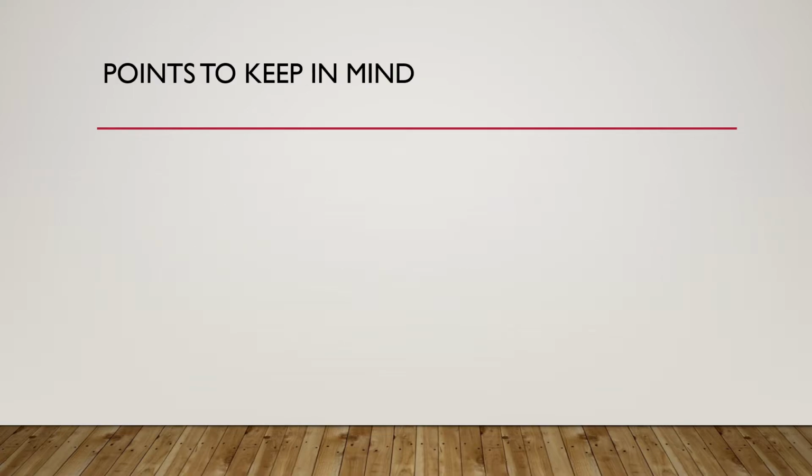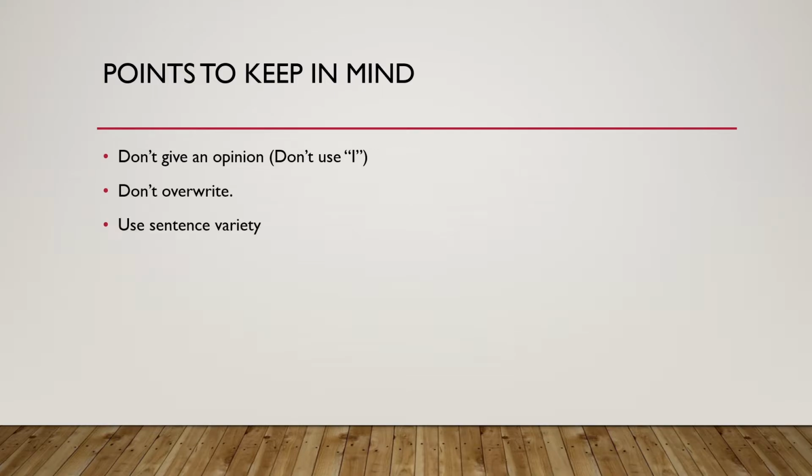limit. So the points to keep in mind are: don't give opinion. As I have already said, don't use the word I at all, right? Don't overwrite, and use sentence variety. Don't always use the same beginning.